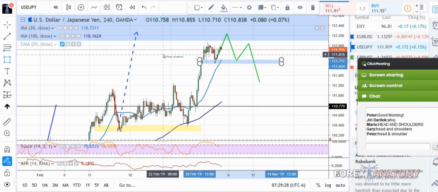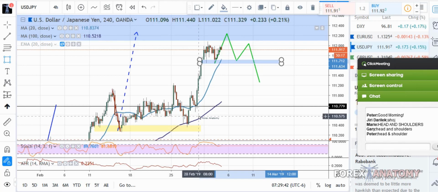I know Marvin wants to chime in and share something. Well, yeah, I was thinking about sharing a little small nugget, more of an intermarket analysis nugget that you guys may need to know. The U.S. dollar versus Japanese yen has some good correlation with U.S. Treasury yields.